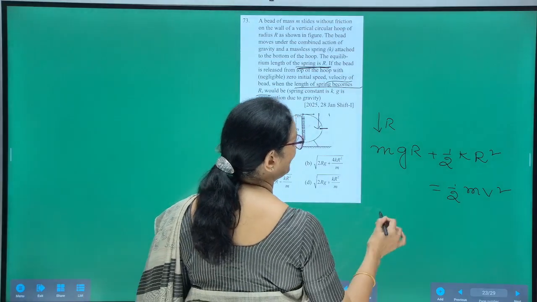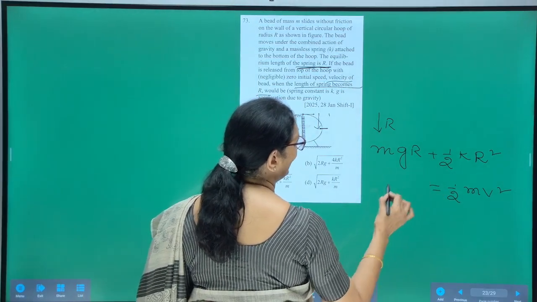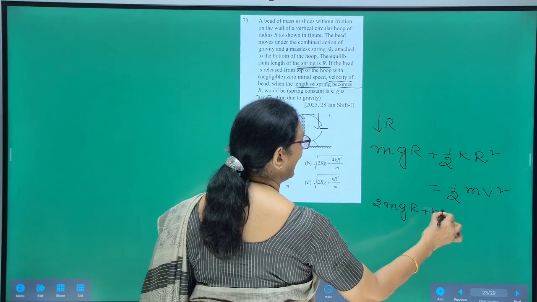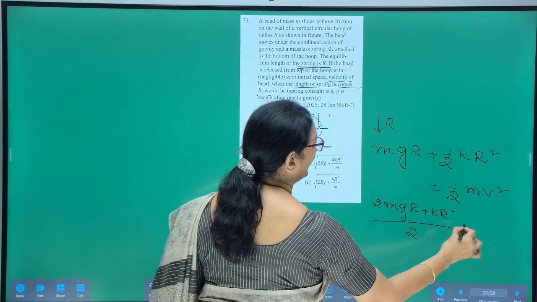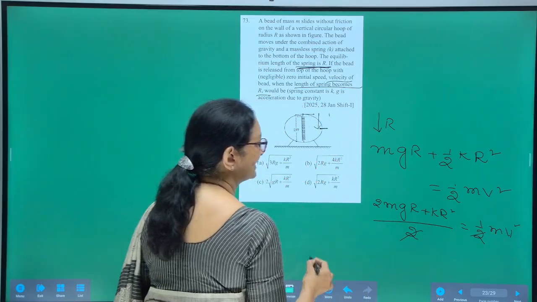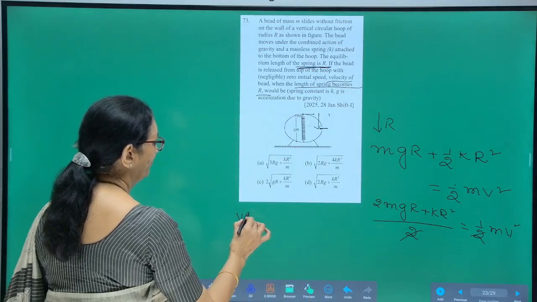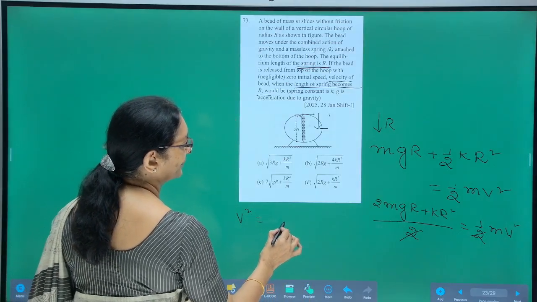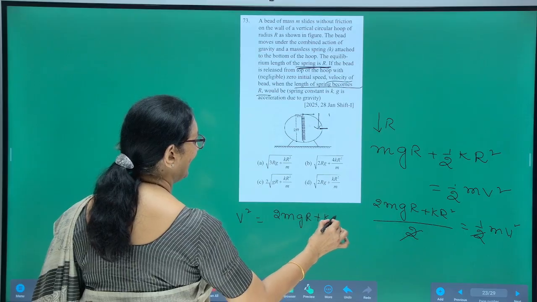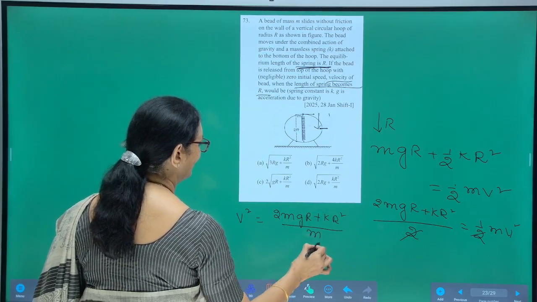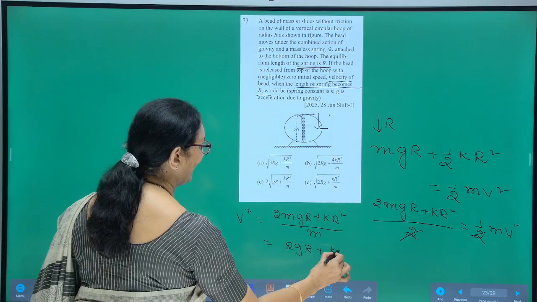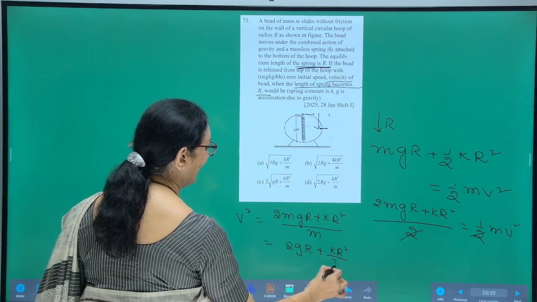So, from this expression, mgR plus kR square by 2 is equal to half mv square. So, half and half gets cancelled, from which v square is equal to 2gR plus kR square by m.